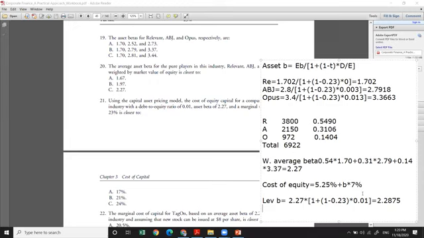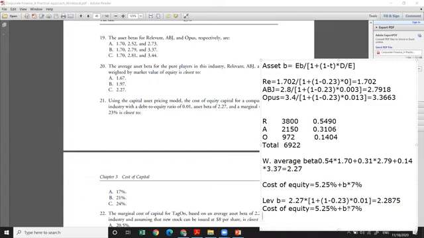Now we can just substitute this 2.2875 into the cost of equity, and that would give us a cost of equity equal to 21.26%, and the closest is B.